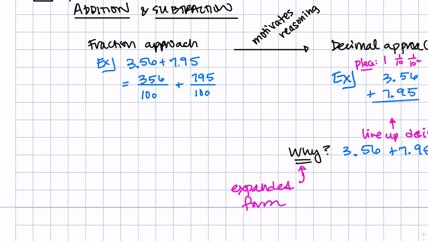And here, when I'm adding fractions, I just make sure that I have the same denominator, and then I can just add the numerators. Here I already have the same denominator. If I didn't, I would want to find equivalent forms of the fractions to get the same denominator. But I'll just add the numerators, so I'm going to add 356 plus 795 and put it all over 100.